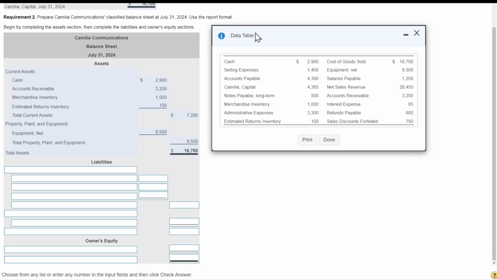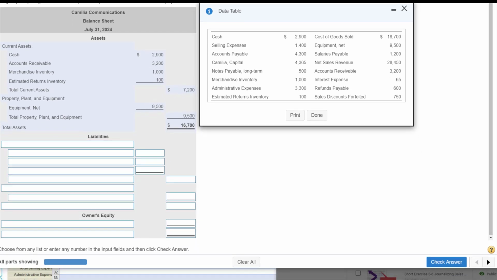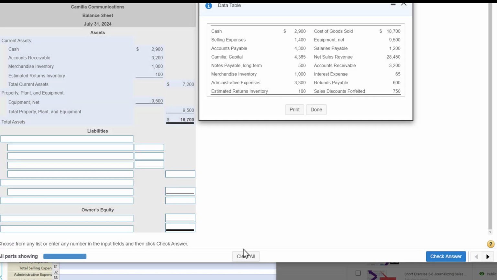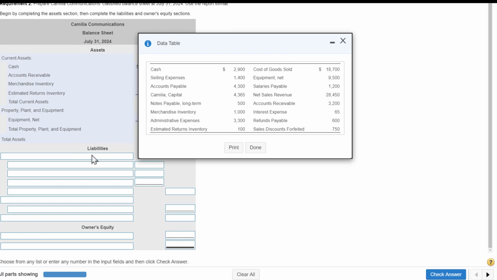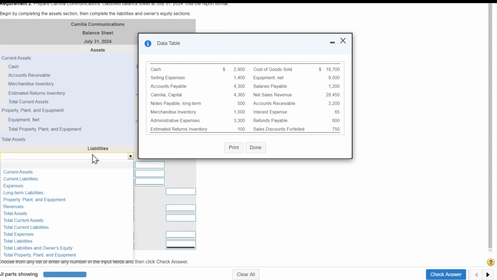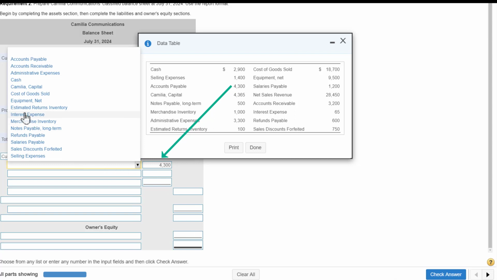Awesome. Now let me move this up again so we can squeeze more in here. Liabilities are going to be split up between current liabilities and long-term liabilities, if they have any. Every company has current liabilities. The first current liability that is usually listed is accounts payable, because that's usually due within 30 days.